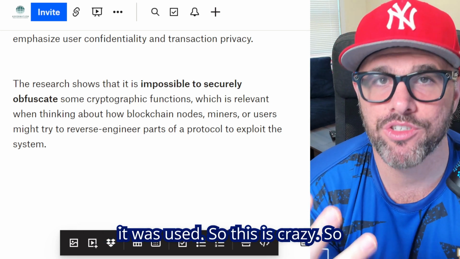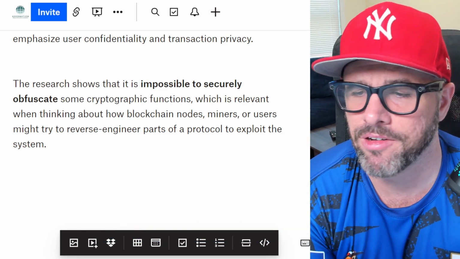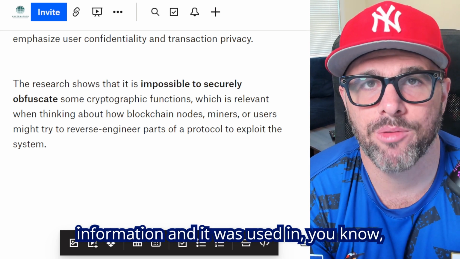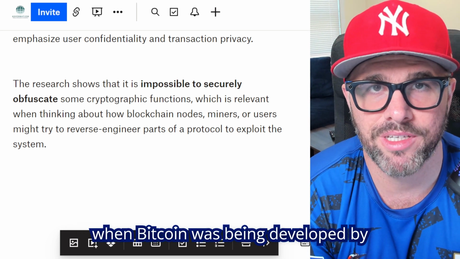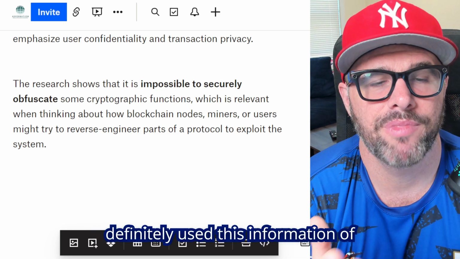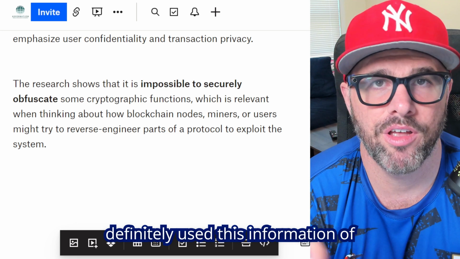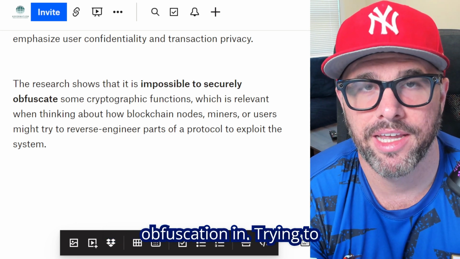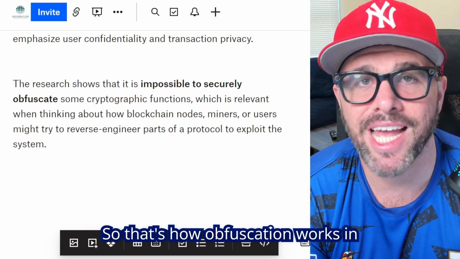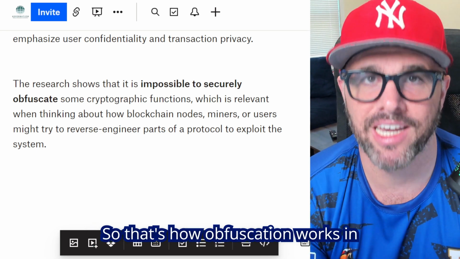So this is how it was used. This is crazy. So somebody probably took this information and it was used when Bitcoin was being developed by Satoshi, whoever that may be. They definitely used this information on obfuscation in trying to protect the integrity of the blockchain. So that's how obfuscation works in Bitcoin.